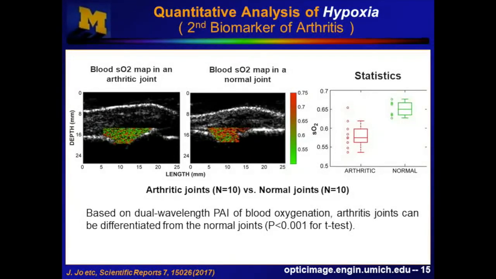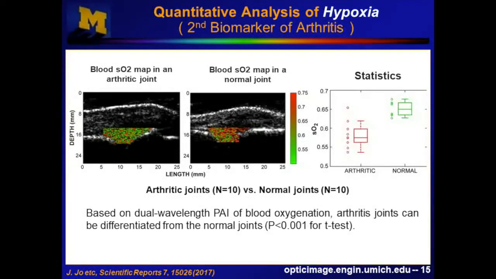So we have studied both the arthritic joints and the normal joints. As shown here, the left one shows a blood SO2 image in an arthritic joint, and the right one shows the blood SO2 image in a normal joint. You can see clearly the SO2 level in the arthritic joint is slightly lower than the normal joint.